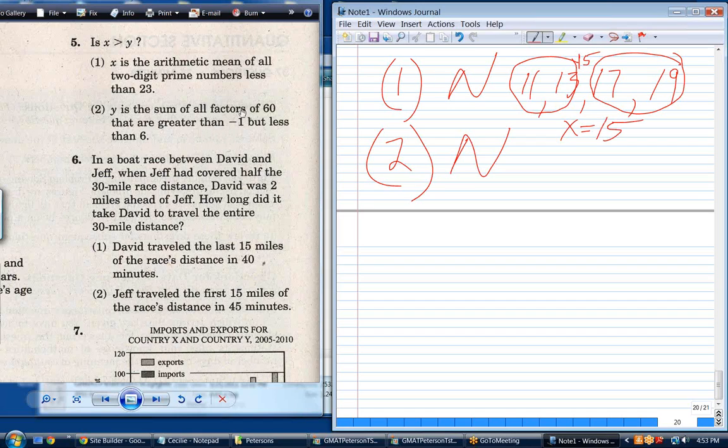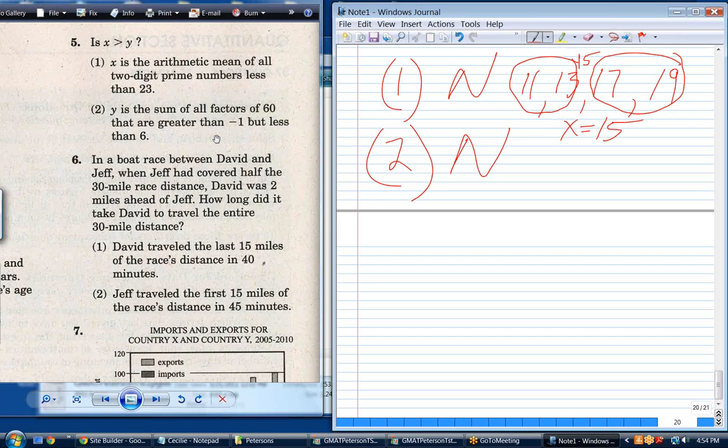Y is the sum of all factors of 60 that are greater than -1 but less than 6. Do I need to go through that math? No, because they would all be less than X. There's only one reason I might need to go through that math, and that's if Y came out to be 15.